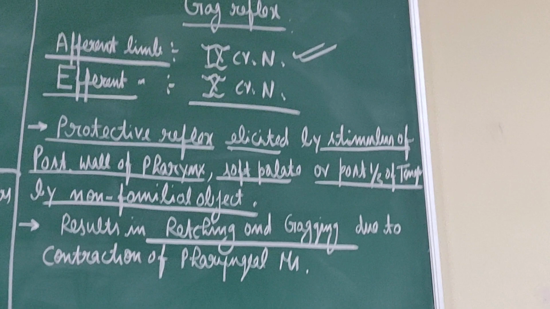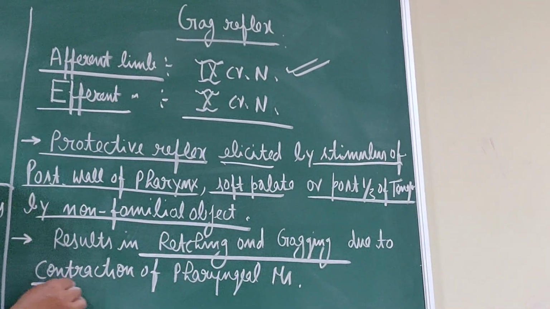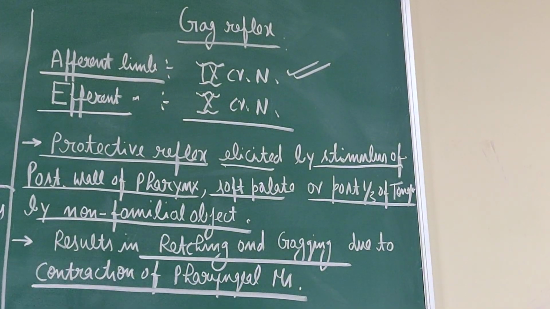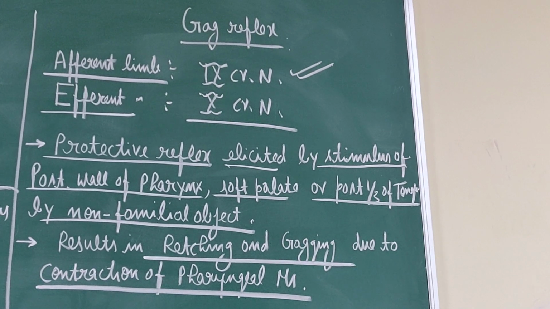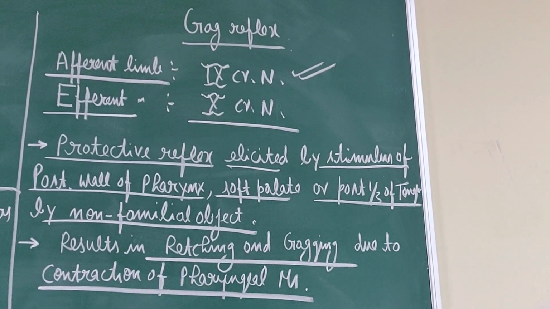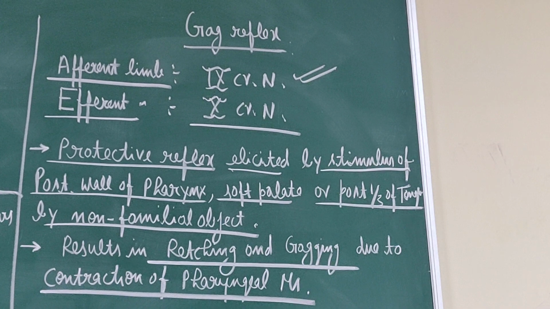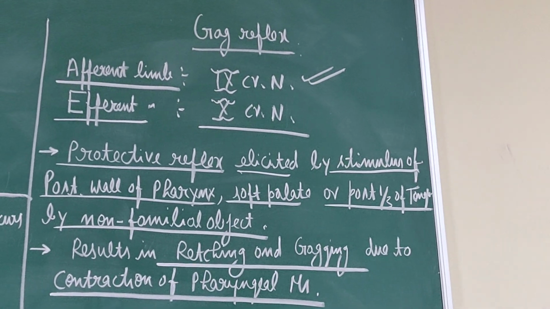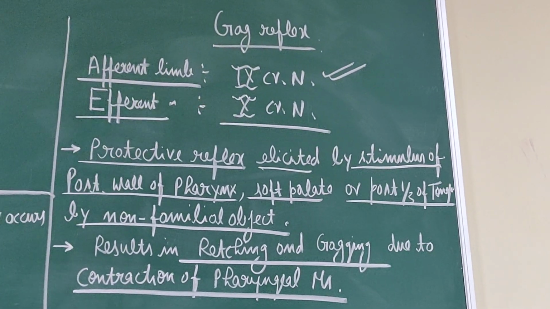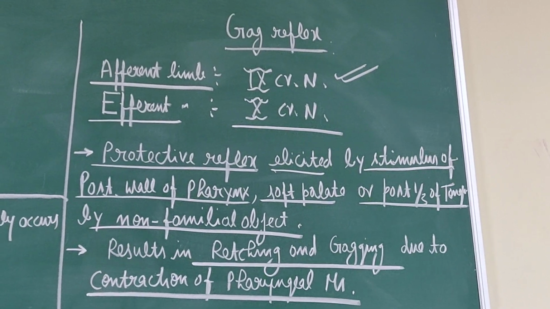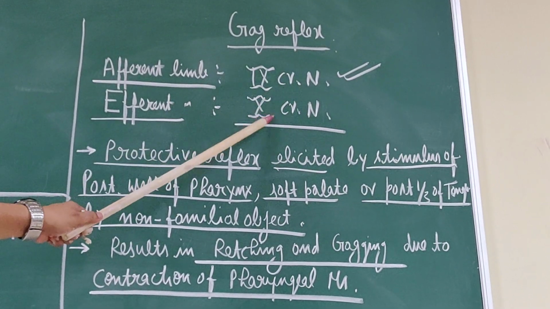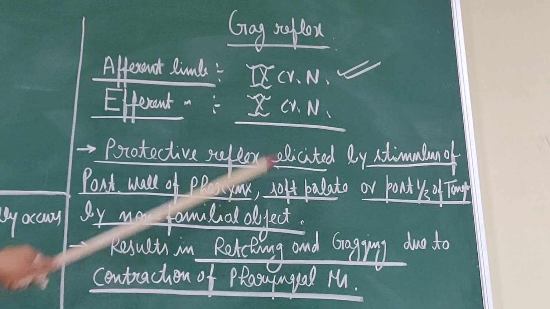And why does this happen? This is due to the contraction of the pharyngeal muscles. As we know, all the muscles of the pharynx are supplied by the cranial root of the accessory nerve through the pharyngeal plexus or through the pharyngeal branch of the vagus nerve.